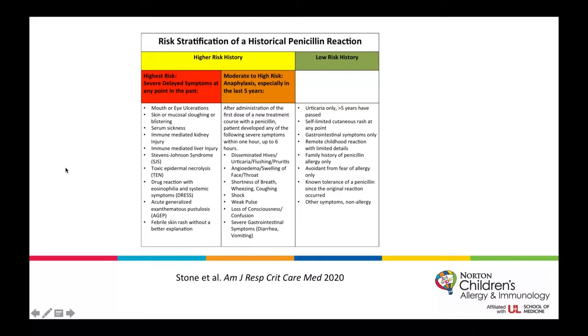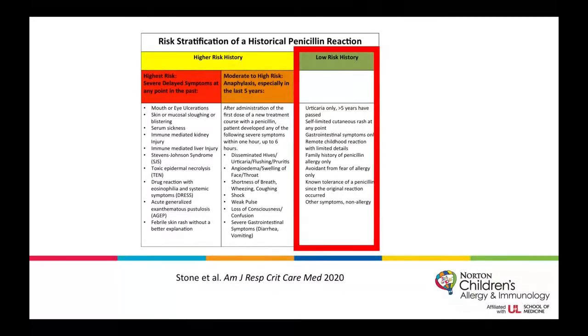These patients cannot undergo testing. These are usually lifelong reactions, and you have to avoid the drug. For high-risk reactions consistent with anaphylaxis, depending on the time, these patients will be eligible for skin testing, and possibly a challenge if the skin testing is negative.